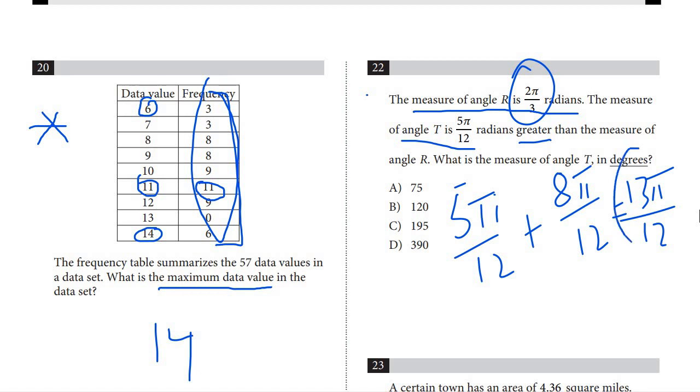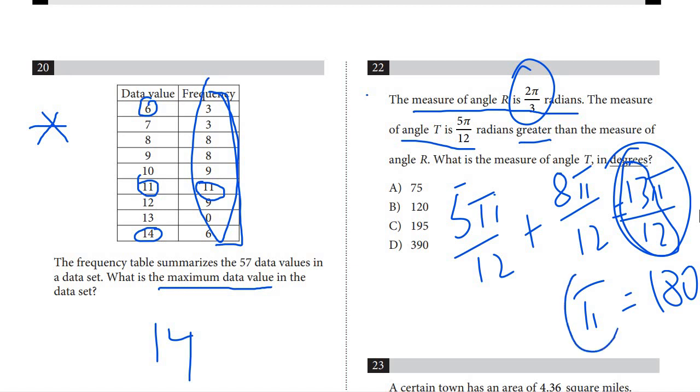Now, my friends, you should know that pi is equal to 180. If you have 13 over 12, that's a factor slightly more than 1, right? 12 over 12 would be 1, and 13 over 12 is slightly more than 1. That means if you multiply pi by a number slightly more than 1, your answer is going to be slightly more than 180, because pi corresponds to 180.